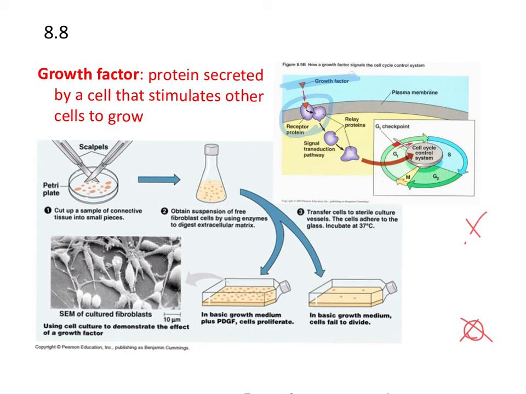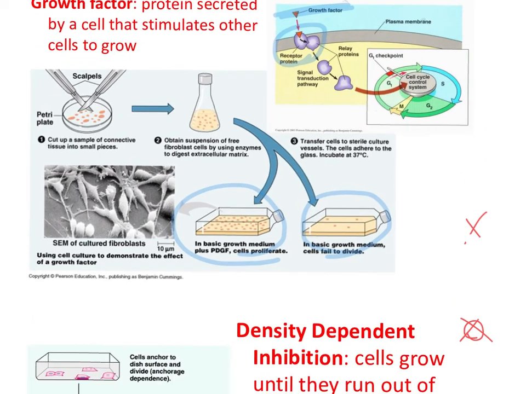This diagram on the left is essentially saying that if you give cells growth factors, the cells will multiply much more than if the cell is given no growth factors. So a growth factor is one way that cells can talk to each other and identify when to divide.